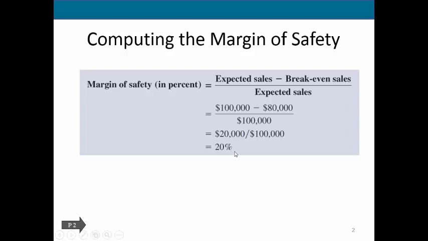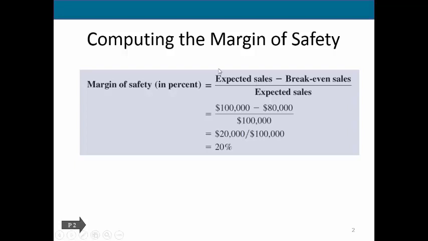What this tells us is we expect to sell $100,000 worth of our product, but we have a margin of safety of 20%, meaning that even if our actual sales fall 15% or 20% below what we expect, we're still safe, meaning we're not losing money.